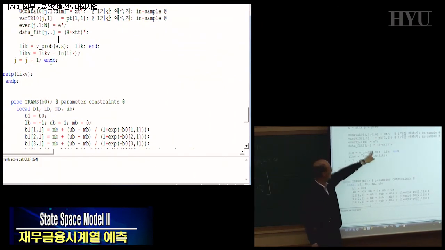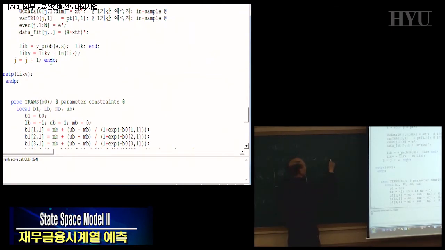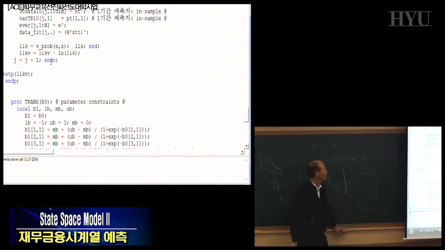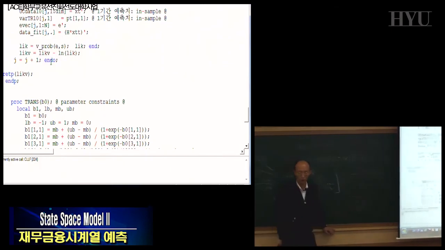And each time this one goes there and a new one is added: ln likelihood value 1 minus ln likelihood value 2, all the way up to ln likelihood value at capital T. This is your negative log likelihood function.